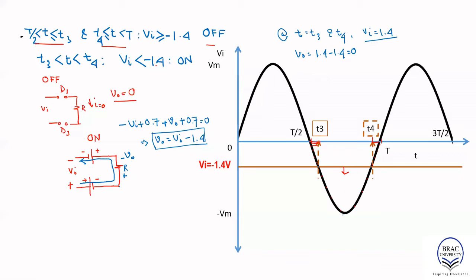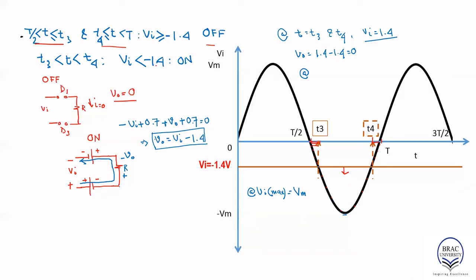And then we are going to find out what's happening at the maximum, at Vi max. We know that it is Vm. Again, why do we drop the minus sign? The reason we have dropped the minus sign, although we are dealing with the negative half cycle, is that we know we are already in the negative half cycle.